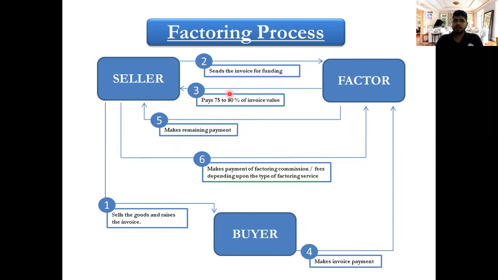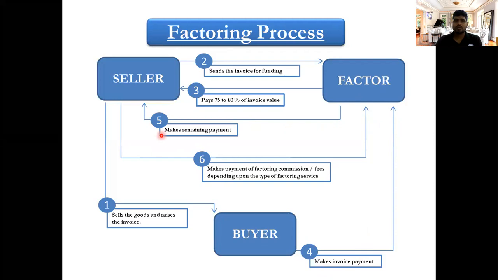Out of 100 million, it will pay 75 million to the seller. Then the bank will collect money from the buyer, and then the bank pays the balance. Earlier it was 75 million.